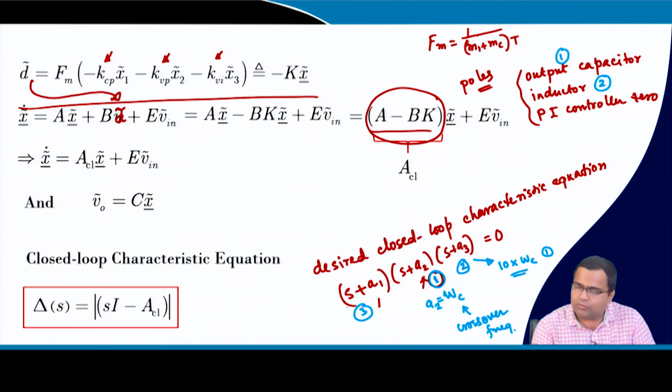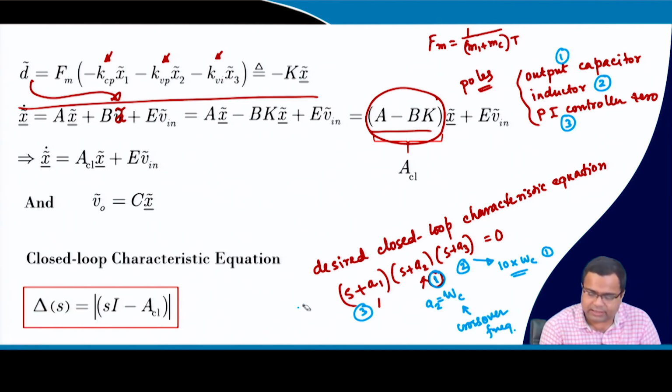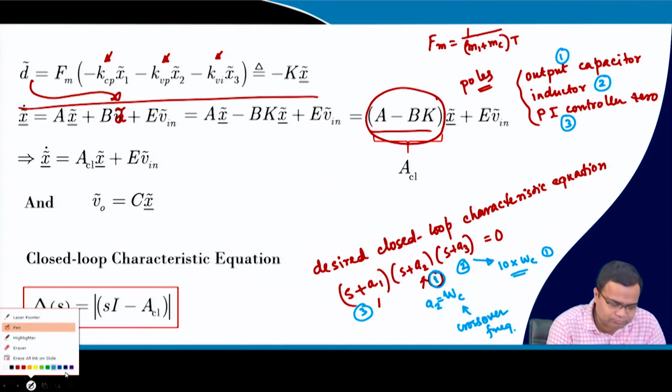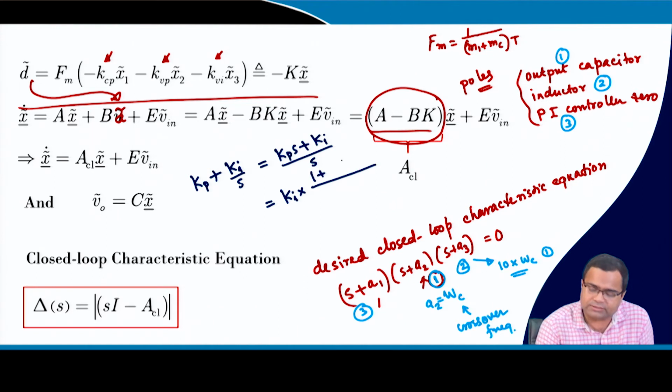And the third pole which corresponds to the controller is, if we take Kp plus Ki by S, which is nothing but (Kp S plus Ki) by S. I can write it as Ki common into (1 plus S by omega controller 0) by S. And what is omega controller 0?